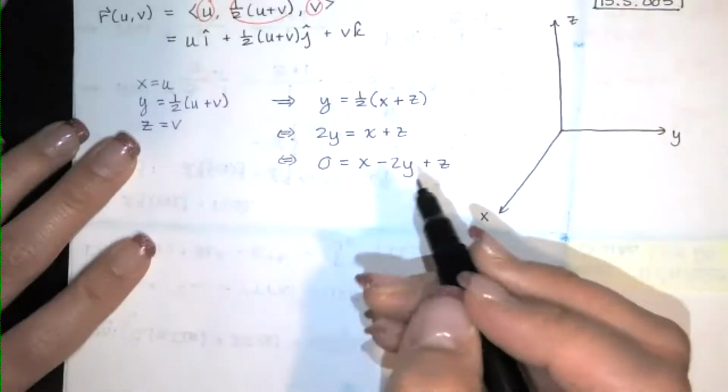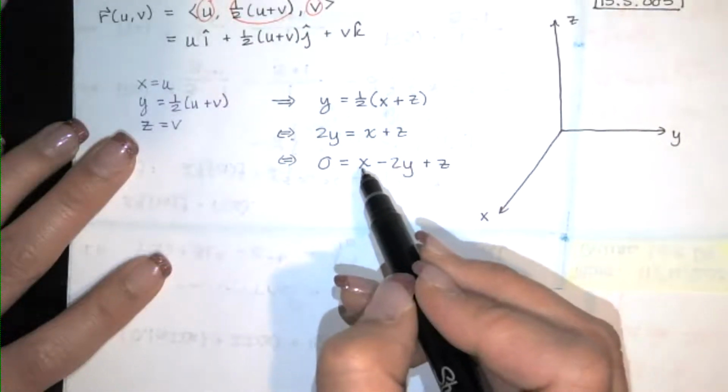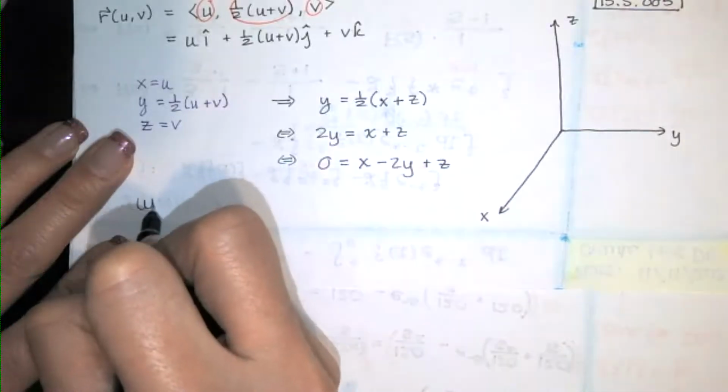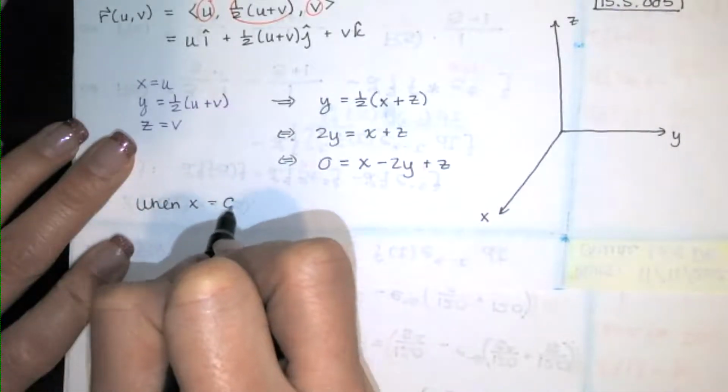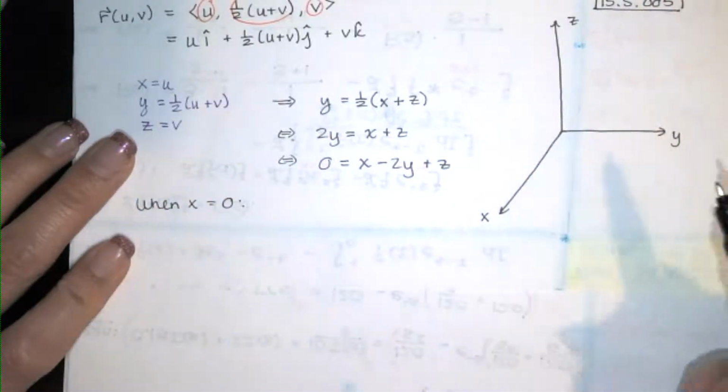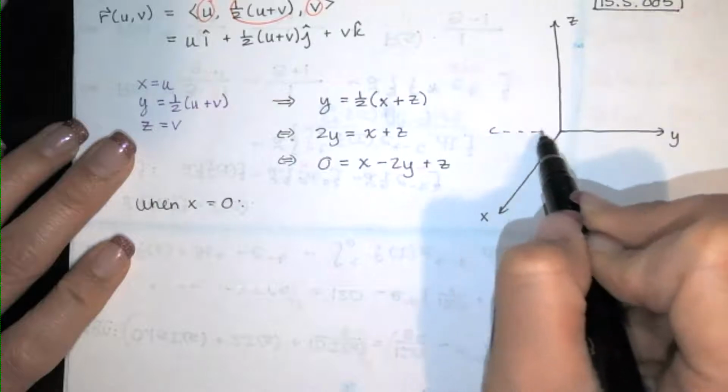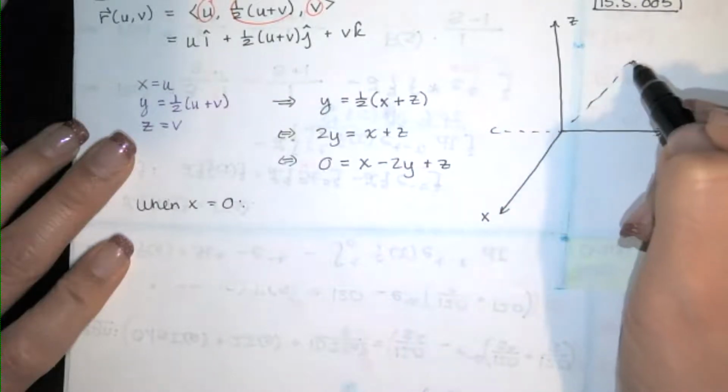One way you could do that is you could say, okay, when x is equal to 0, what does that trace of our plane look like in the YZ plane? That's way back here where x is equal to 0.